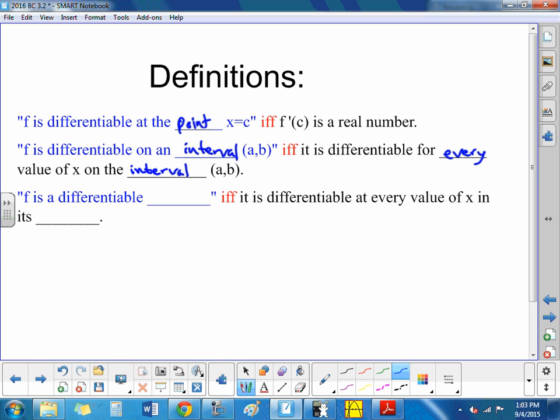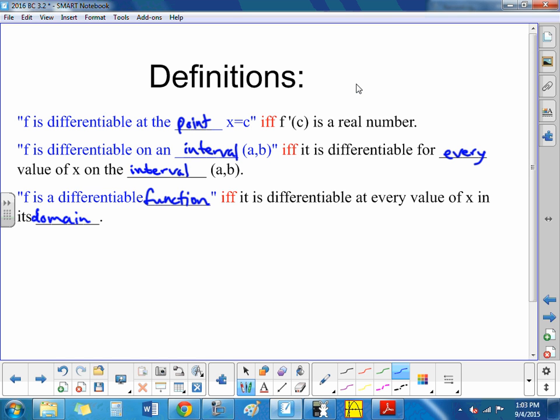Two if-then sentences. And lastly, f is a differentiable function if and only if it is differentiable at every value of x in its domain. So we have differentiable points, differentiable intervals, and differentiable functions. Okay?